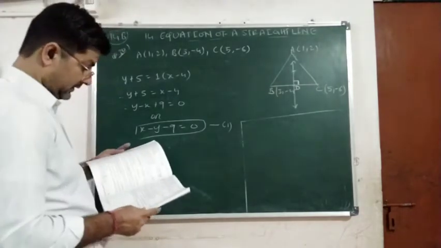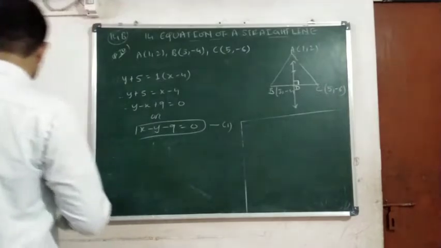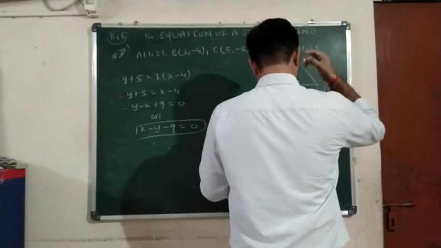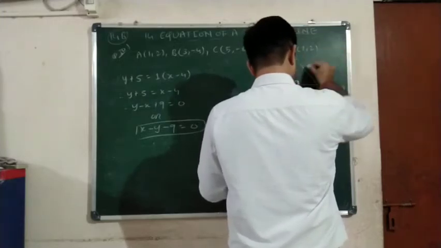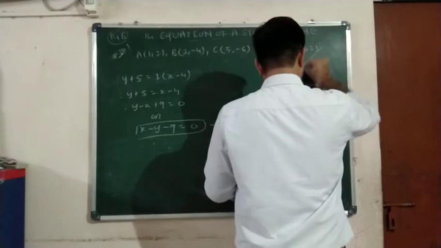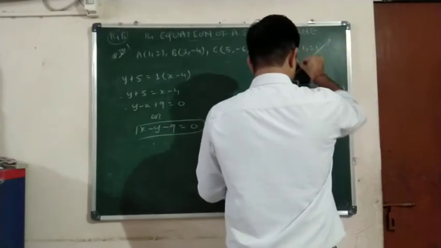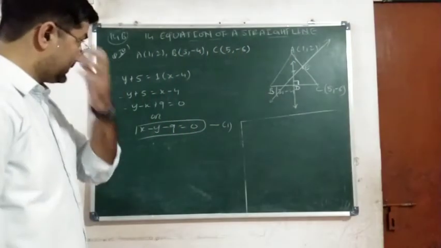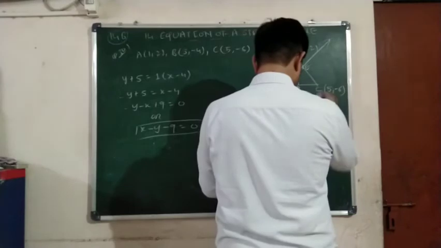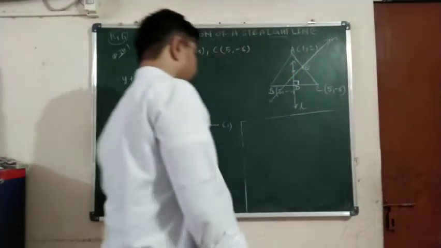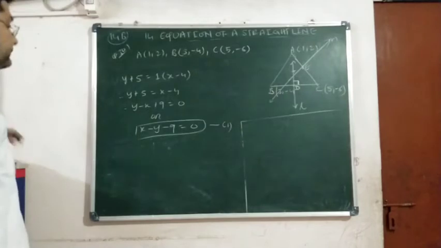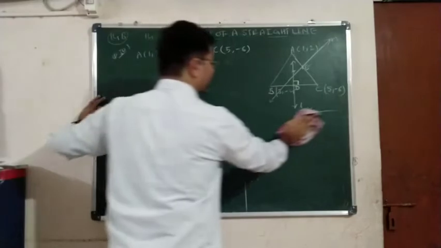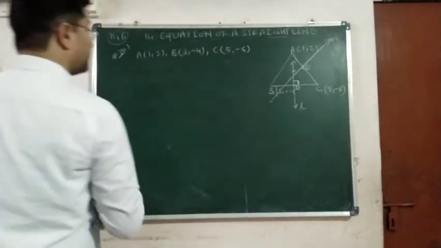Now the second thing in this question: the equation of the right bisector of CA. So let us draw the right bisector of CA. Say this is the line which is the right bisector of CA, and suppose the point of intersection is D. Let me name this line as l and another one as m. Now part 2.